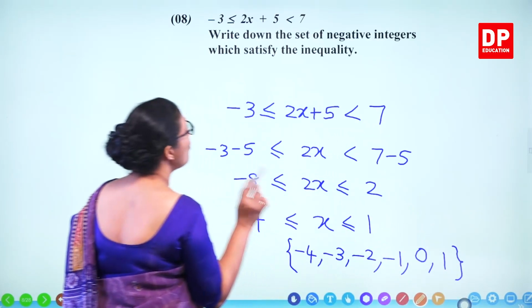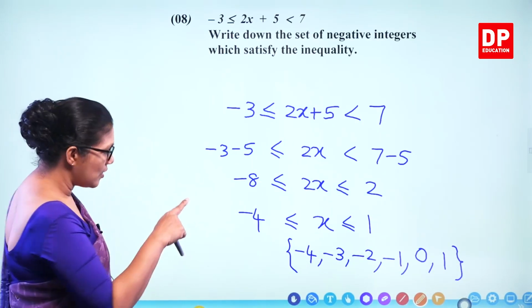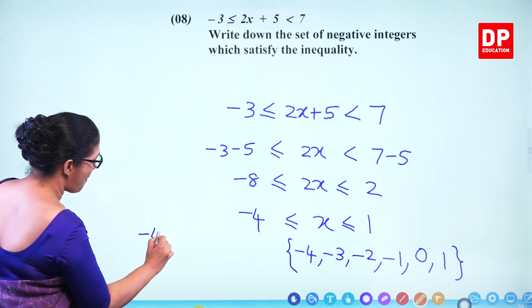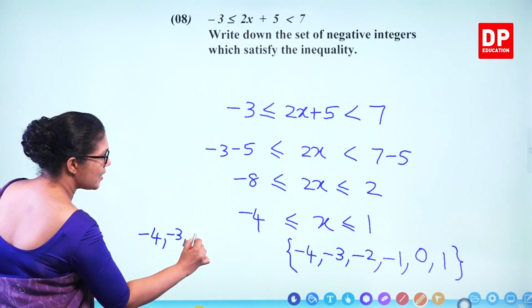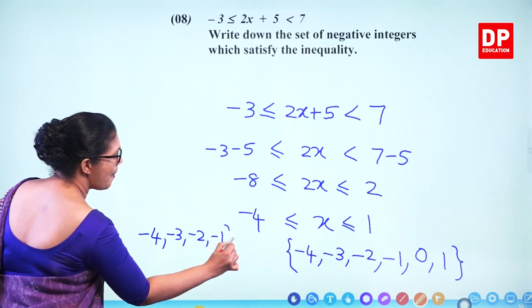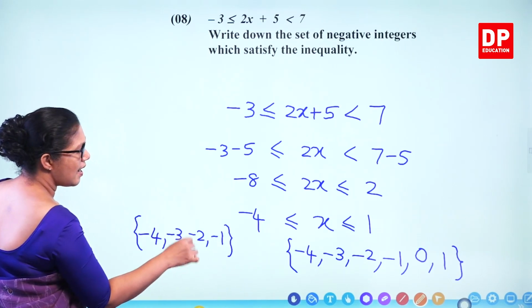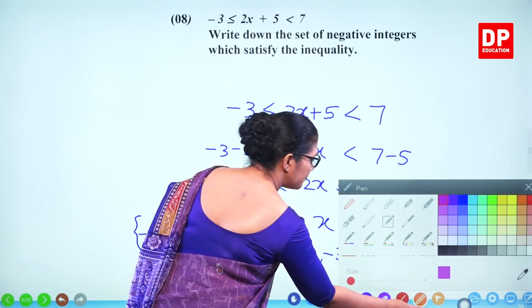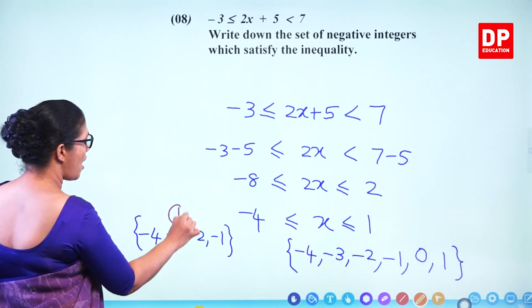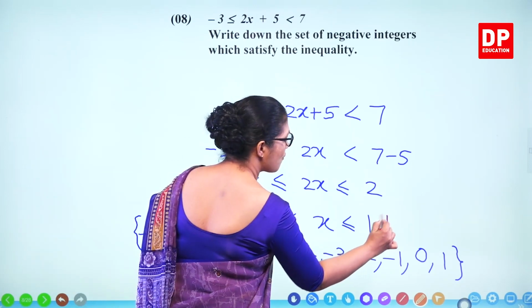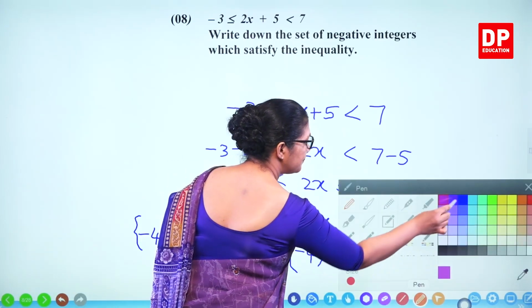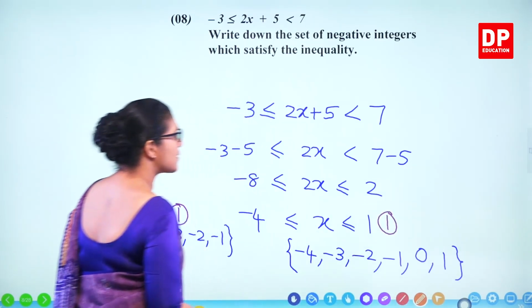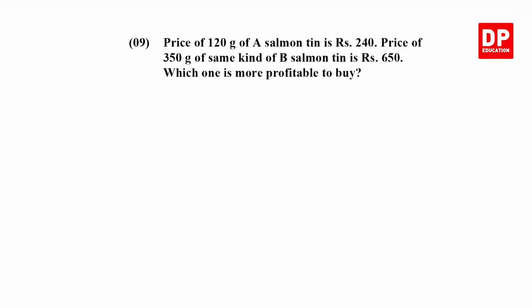But they want only the negative integers. So, negative integers are minus 4, minus 3, minus 2 and minus 1. So, that's the answer. You can't take 0 and 1. So, 1 mark for the answer and 1 mark for the inequality. So, 2 marks.